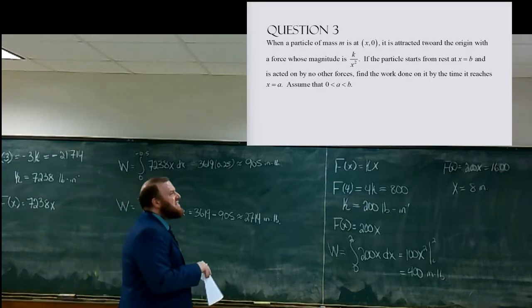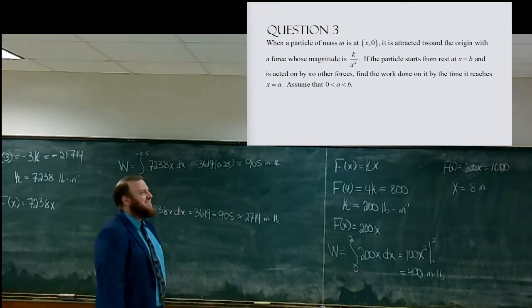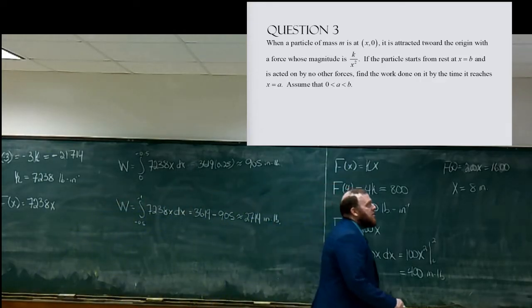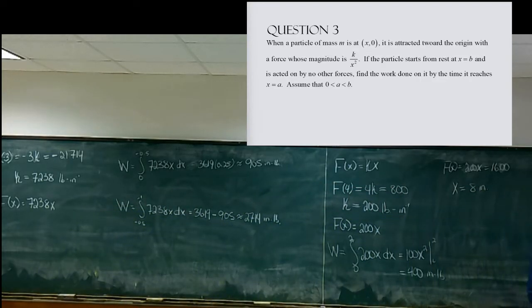Particle of mass m is at the point x0. It is attracted toward the origin with a force whose magnitude is k over x squared.